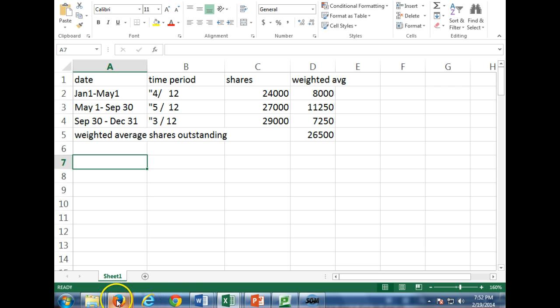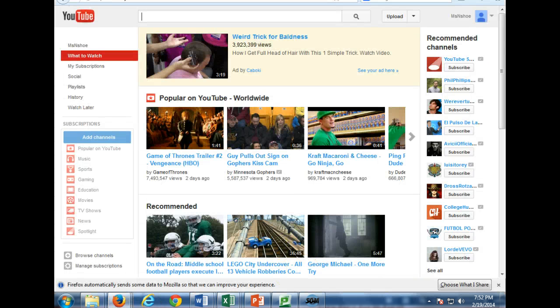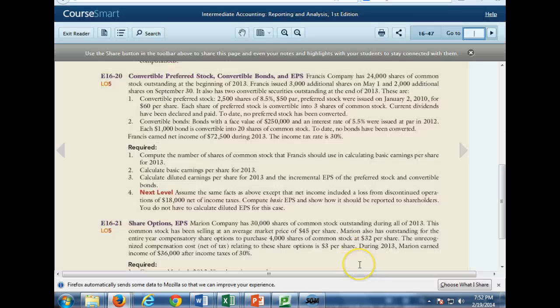Now, the next part of it says, calculate basic earnings per share for 2013. How much did they make? 72,000.